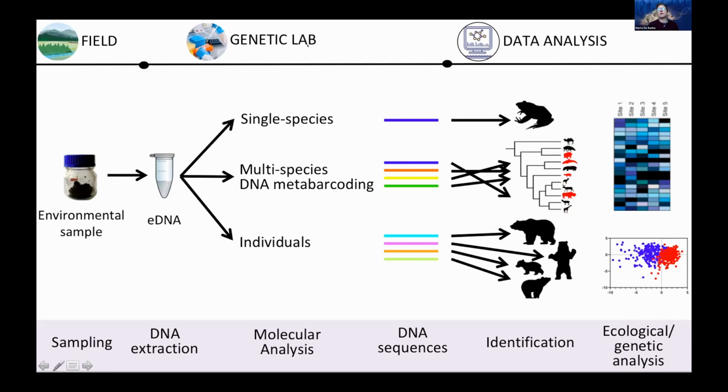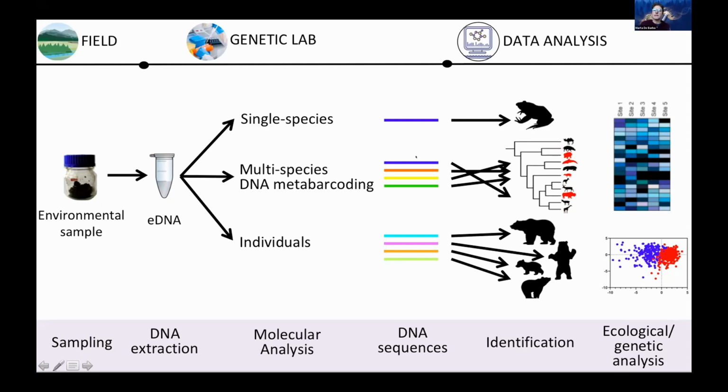We may use single species approaches when we are interested in a known species of interest, or we may use multi-species approaches, also known as DNA metabarcoding, that allow us to target in the same experiment, in a single sample, the many species at the same time, or approaches that allow us to discriminate between individuals.